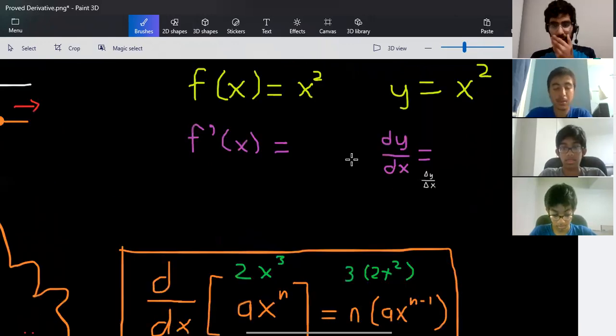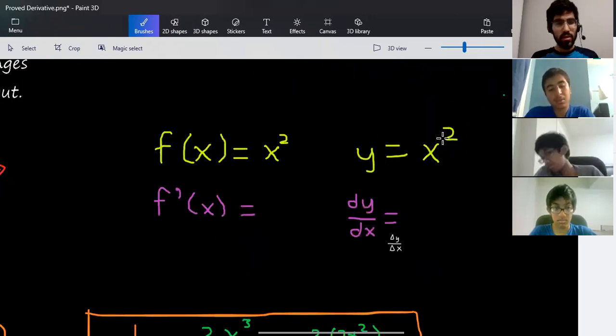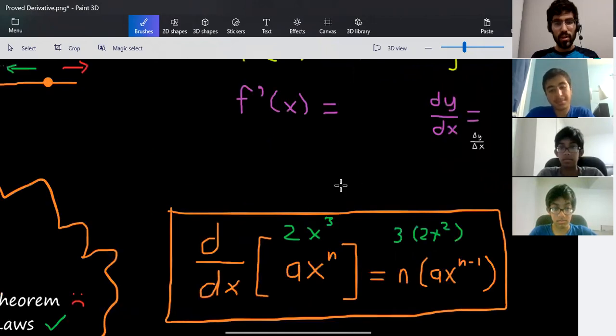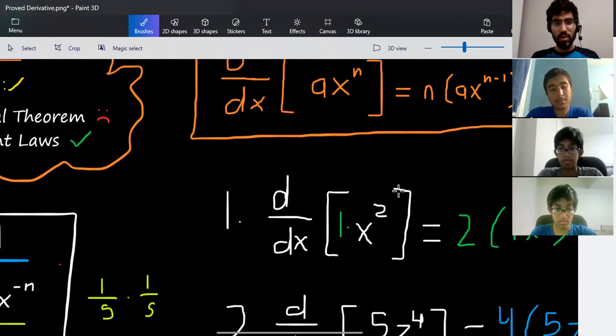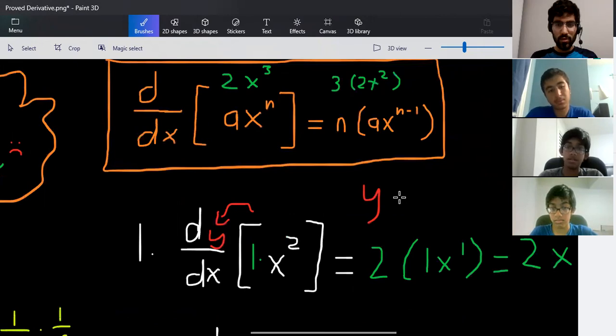When you don't define a function like y is equal to x squared, you could say, let me just shove it into the square brackets. It's kind of like this goes in place of y. It's just we haven't defined it yet. We could also say y is equal to x squared, and after we defined it, then we could just say dy by dx is equal to 2x.